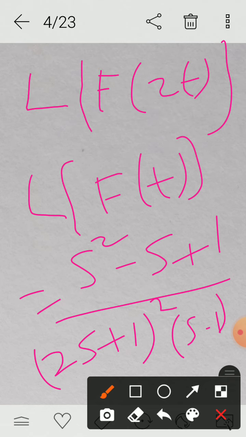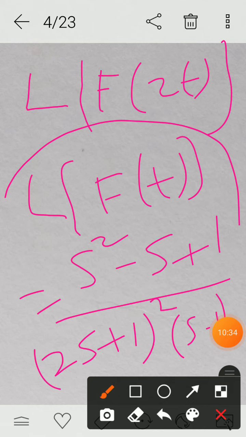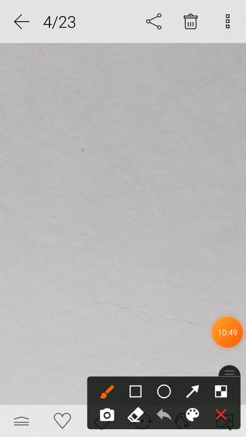It is given. Then you can calculate the Laplace transform of f(2t). This problem is based on the last property of Laplace transform, the change of scale property. By using this property, you can solve this problem.